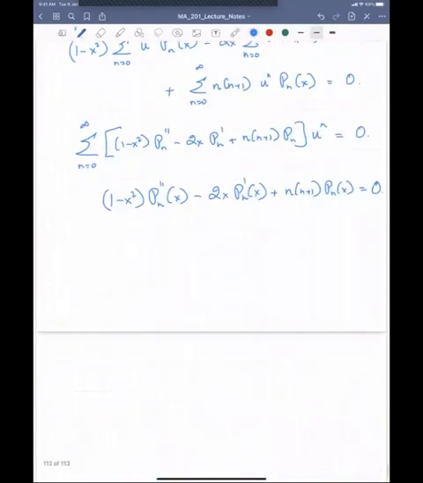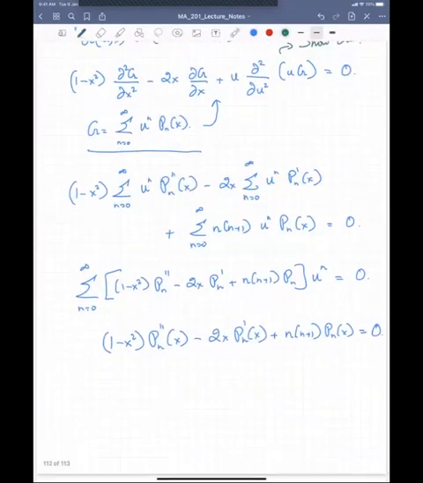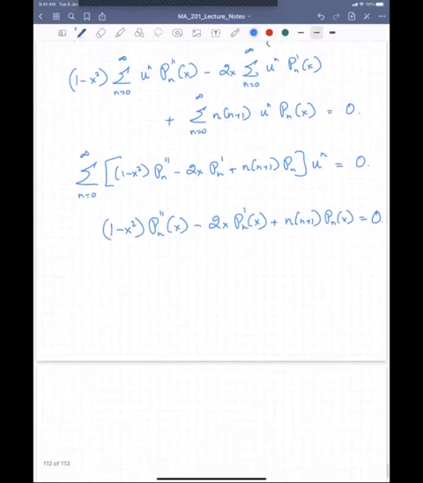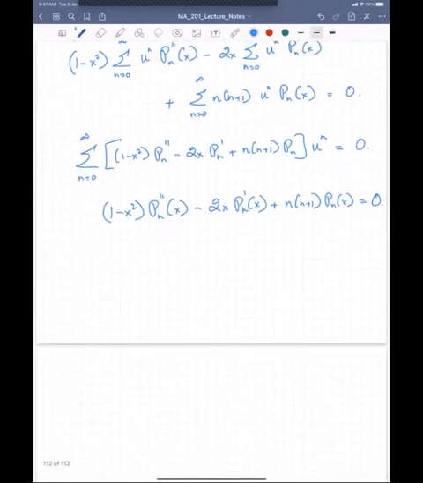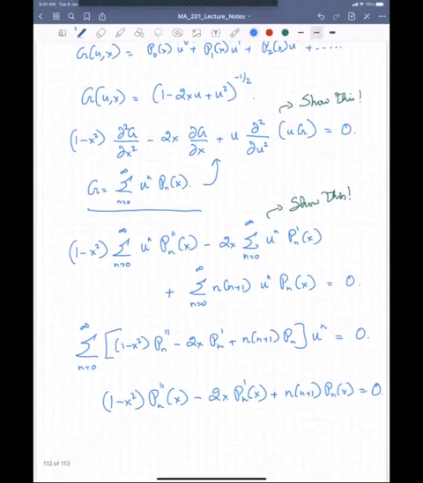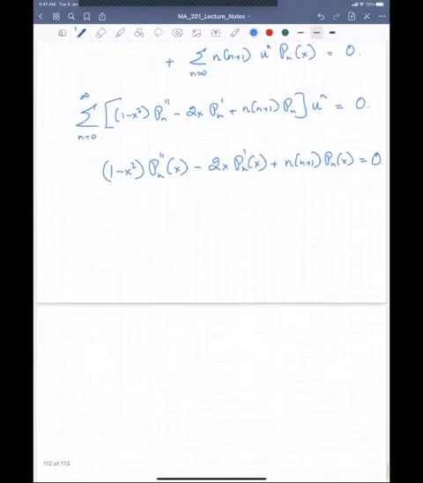So here we have shown, and this is also something you should show, that if I assume that this g that I've written down is an expansion in u with the coefficients being Legendre polynomials, it is certainly consistent because the Pn that I have here does indeed obey Legendre's differential equation.